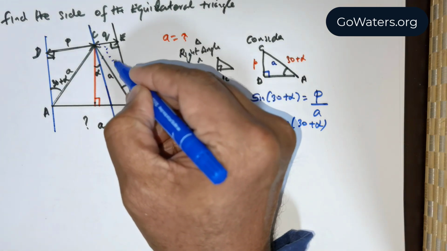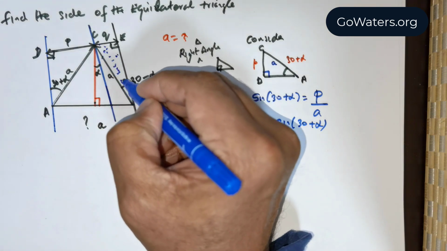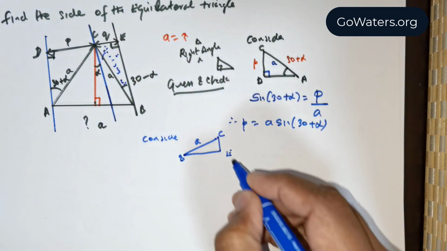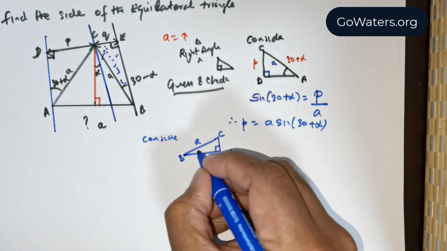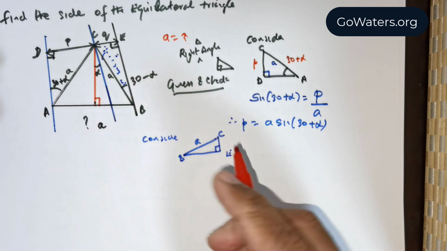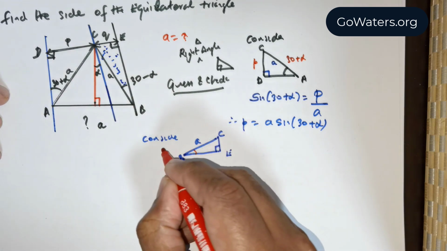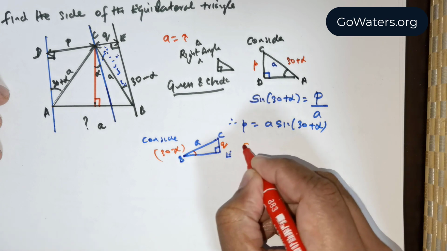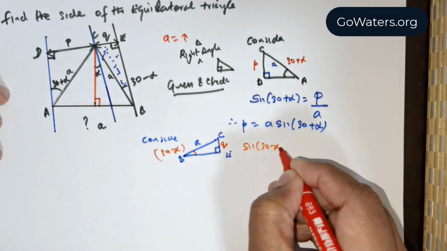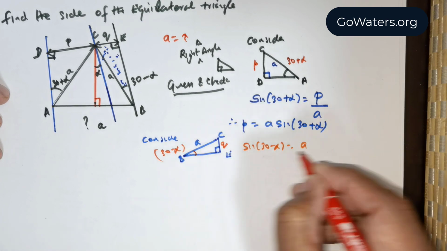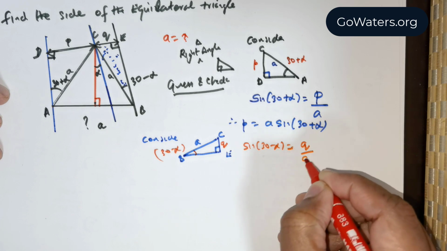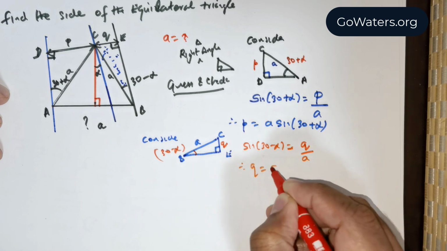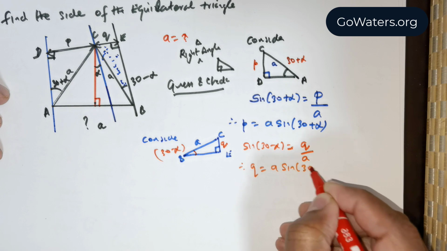So this is what I'm considering, right? This part, and this part is 90, and this angle is 30 minus alpha. This side is Q. So let me take sine. So sine of 30 minus alpha is equal to the opposite side Q divided by the hypotenuse. So therefore Q is equal to A times sine of 30 minus alpha.